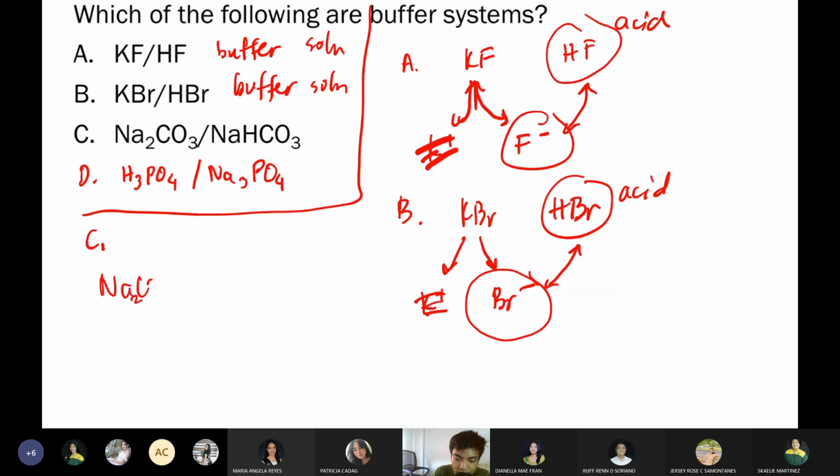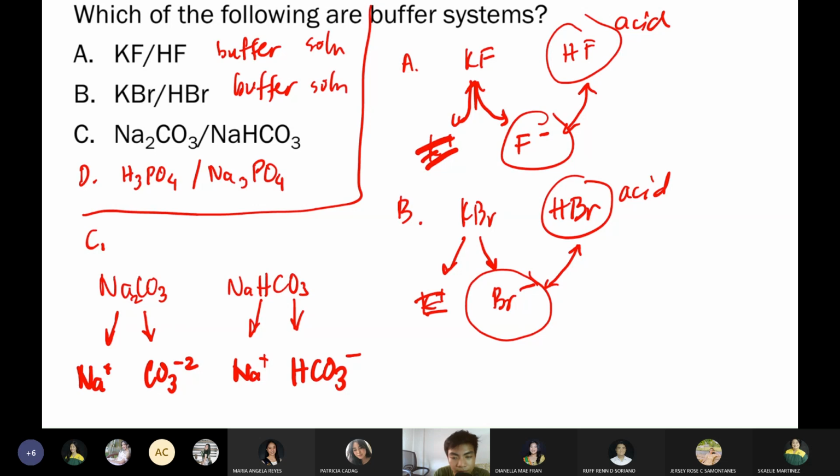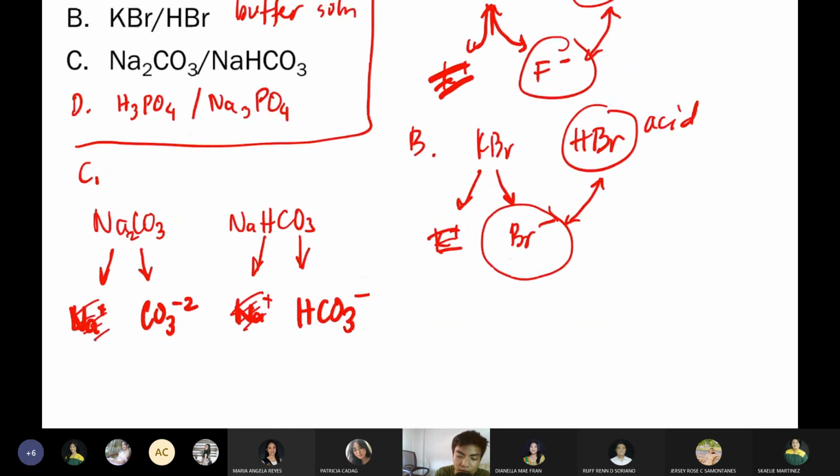So we have sodium carbonate and we have sodium bicarbonate. Split natin yan into ions. We have Na plus, CO3 minus 2, and we have Na plus and bicarbonate ion. Yung mga metals, sodium, potassium, burahin. So you're left with bicarbonate and carbonate.